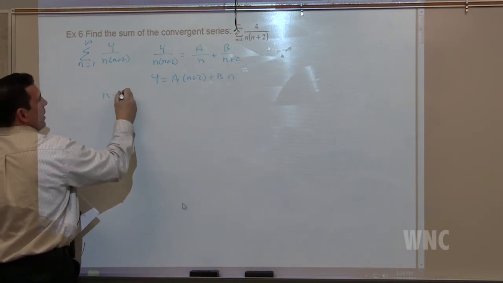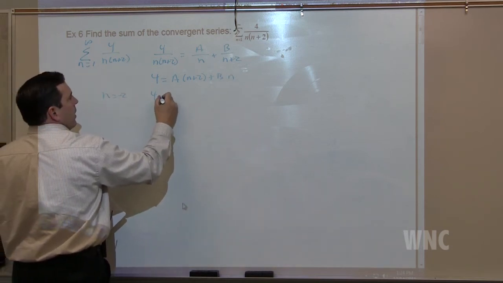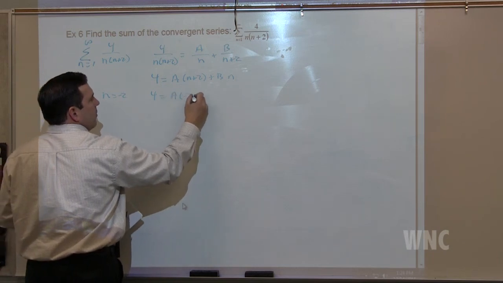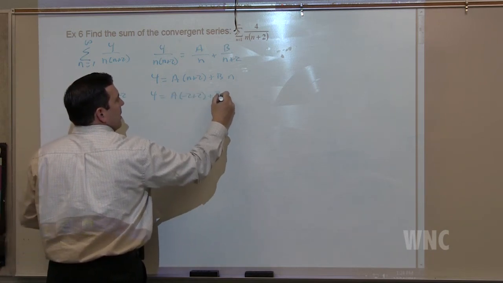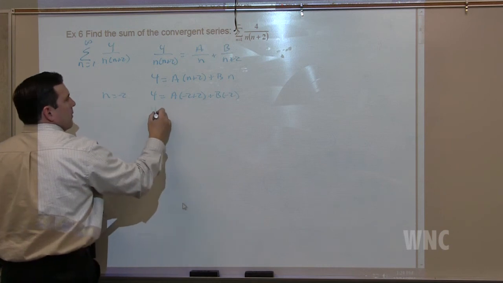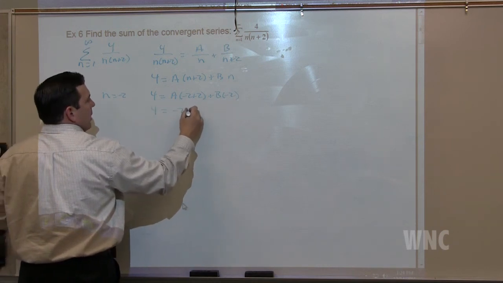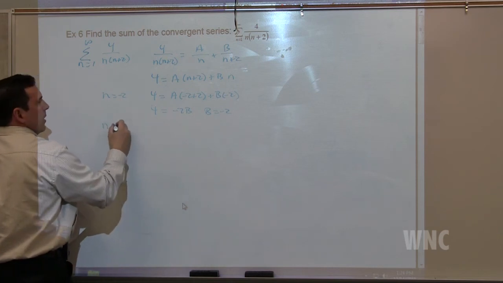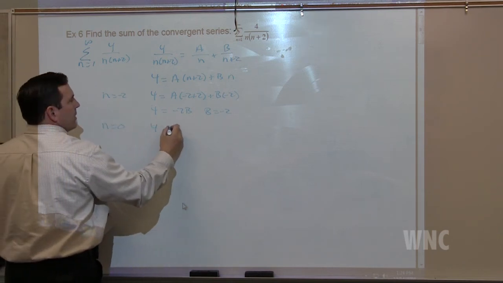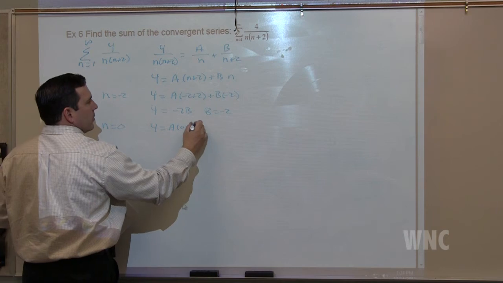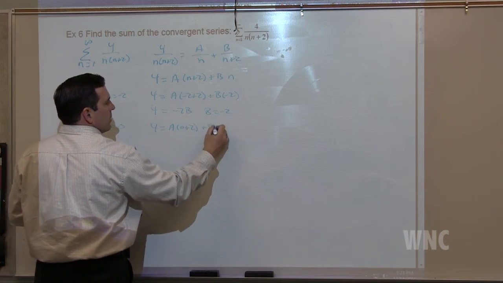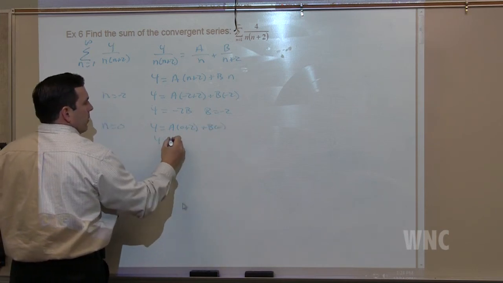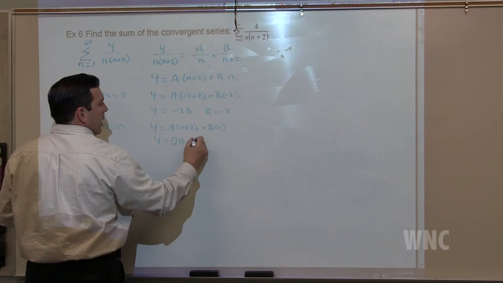So if n equals negative 2, 4 equals A times negative 2 plus 2 plus B times negative 2. So 4 equals negative 2B. B is negative 2. And if n equals 0, 4 equals A times 0 plus 2 plus B times 0. So 4 equals 2A. A must be 2.